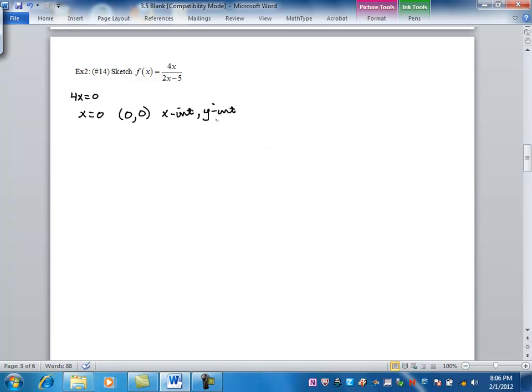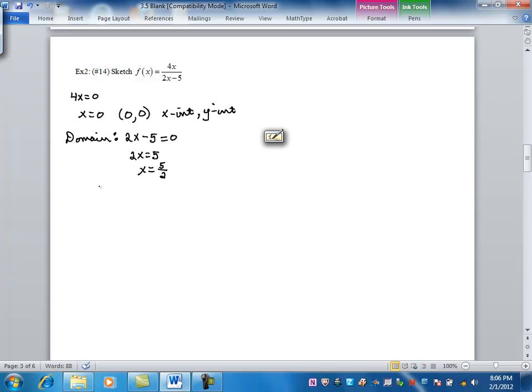Alright, now let's consider our domain. We need to make sure that the denominator is not 0, so let me find out when it is 0 by setting the denominator equal to 0. 2x equals 5, that means x equals 5 halves.